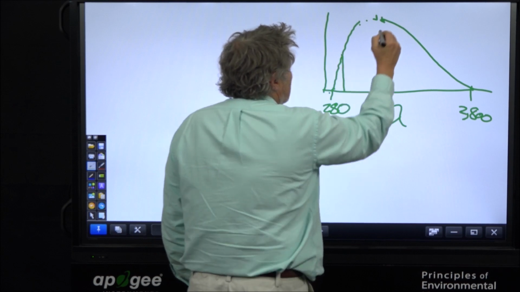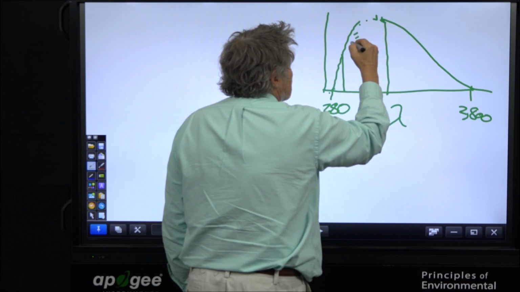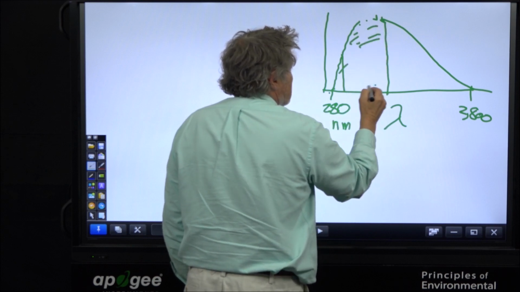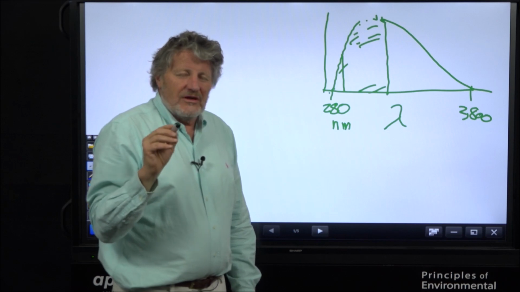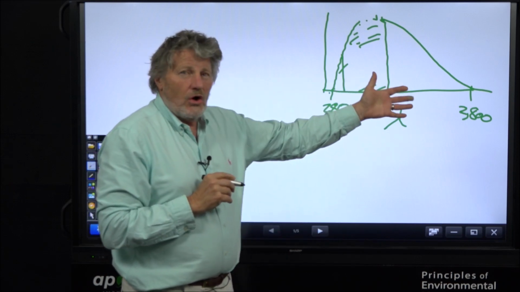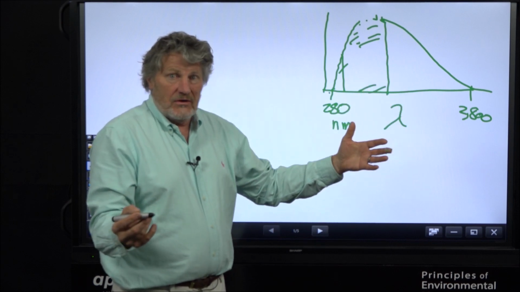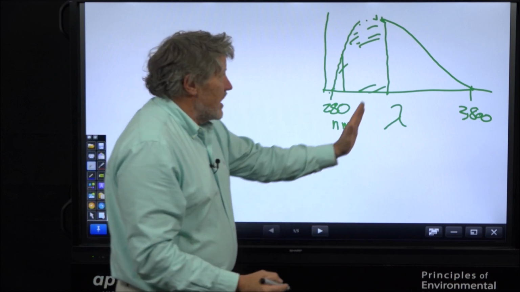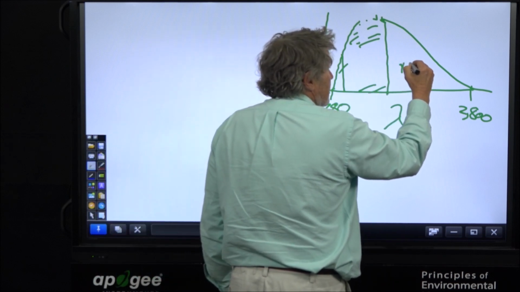Only this part right here causes photosynthesis. And you have to remember what the instruments were like in the 1960s. We measured all of this and used it to predict plant growth. But we also knew that this part over here is near infrared. I'm going to put NIR.